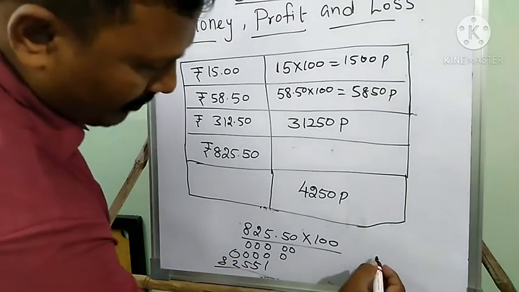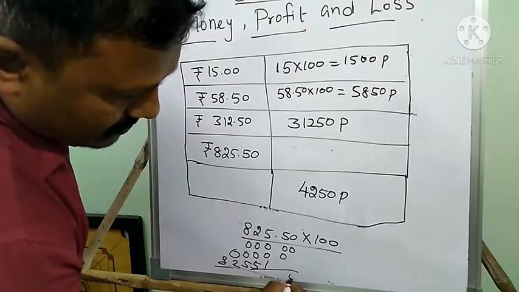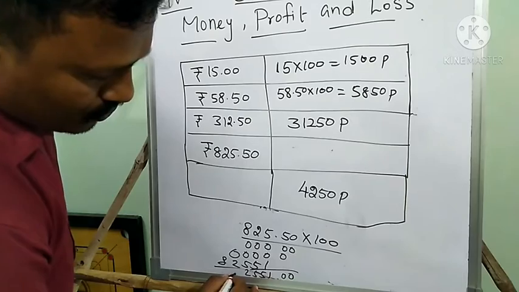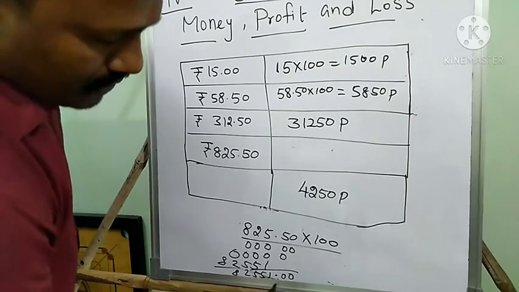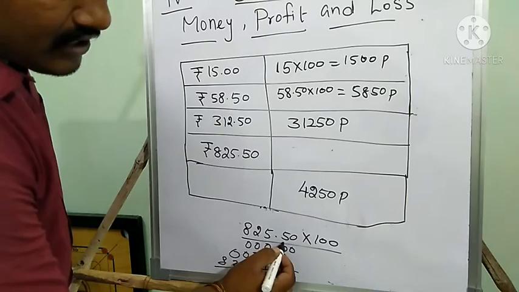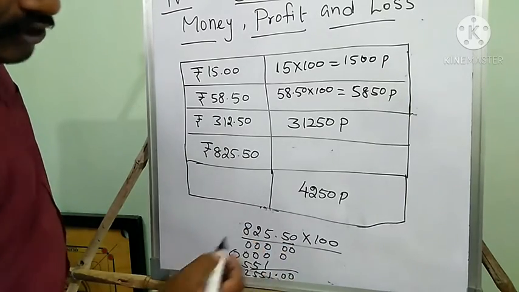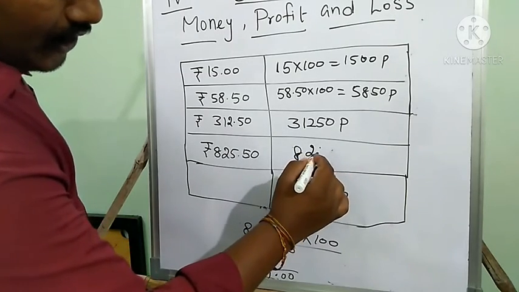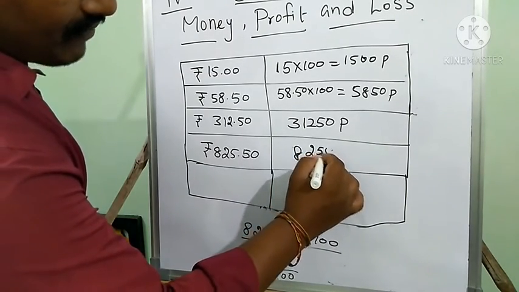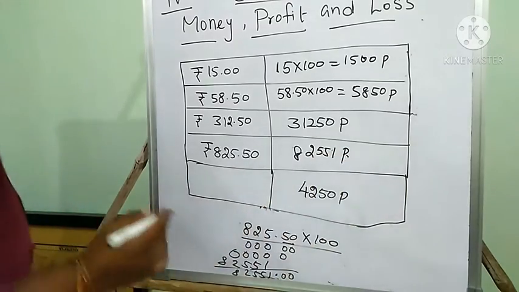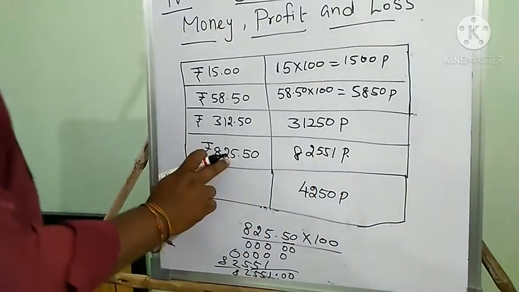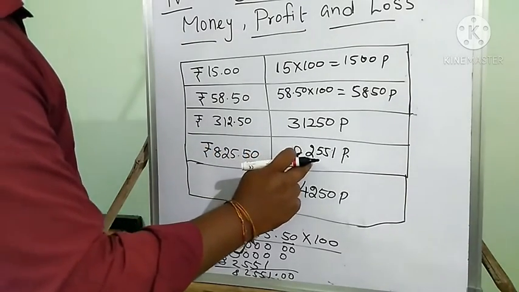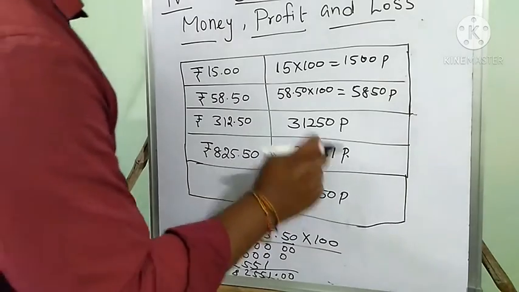If you add, I will put here 0, 0, 1, 5, 5, 2, 8. So you give two decimal places, because here there are 2 decimal places. So what will you get? 82,550 paise. Now I converted it into paise. So 82,550 paise. Okay.